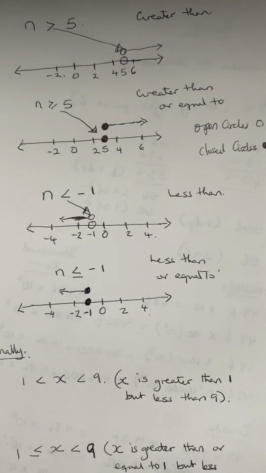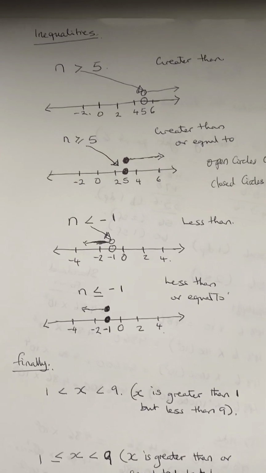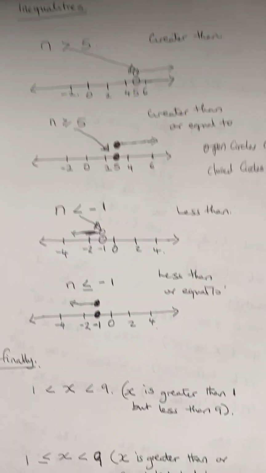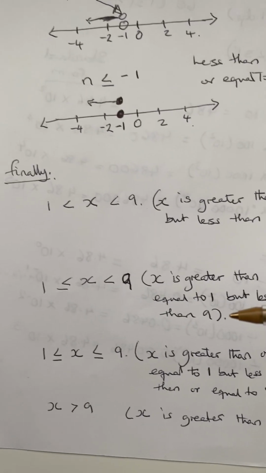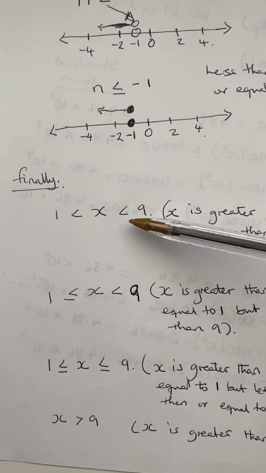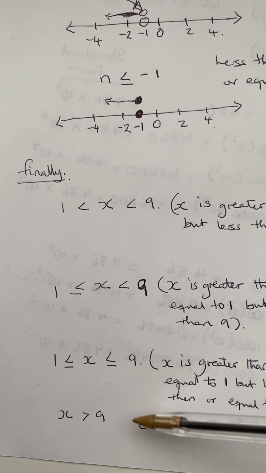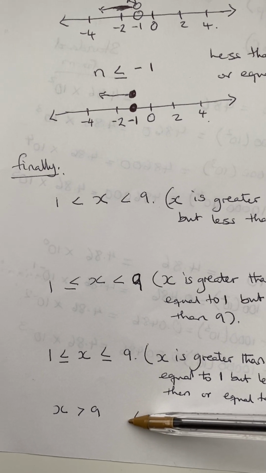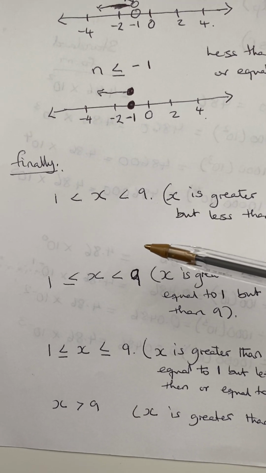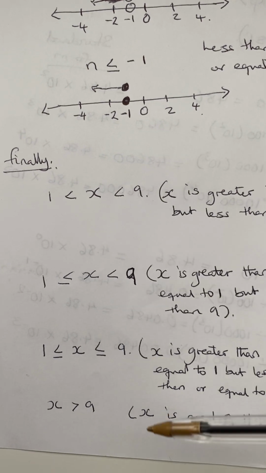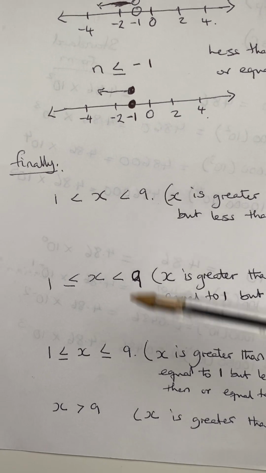Okay, so this is the number lines, and that is me reading out what this means to you, so that when you have to represent it on a number line, then you know.